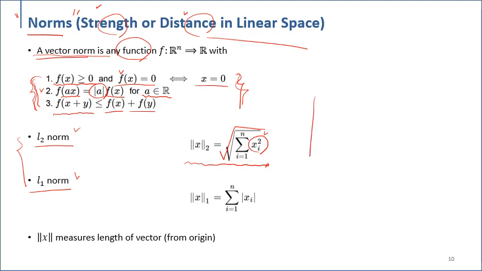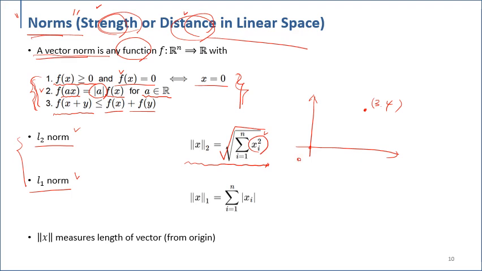So in geometrical interpretation, let's take an example of one point here. As I mentioned, a norm is just strength or distance. So the norm can be interpreted as the distance from the origin.